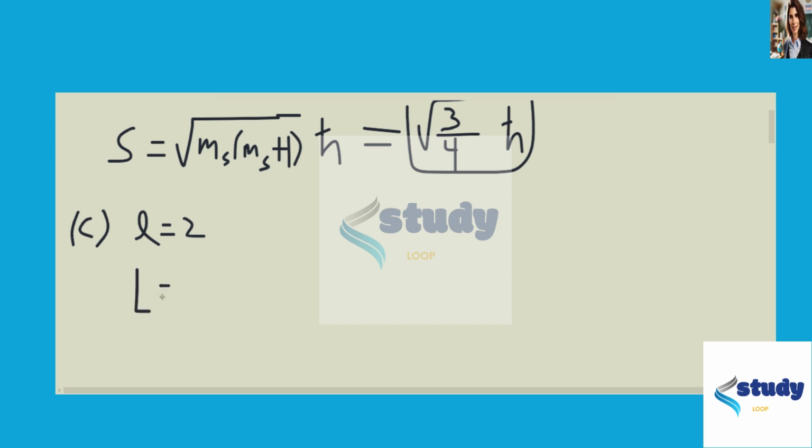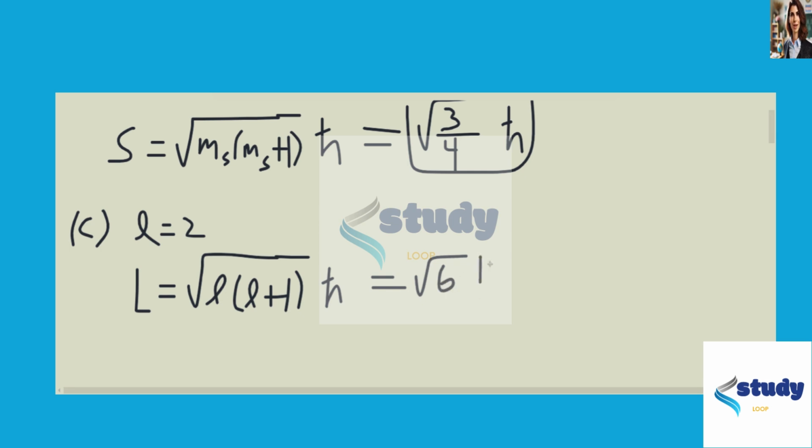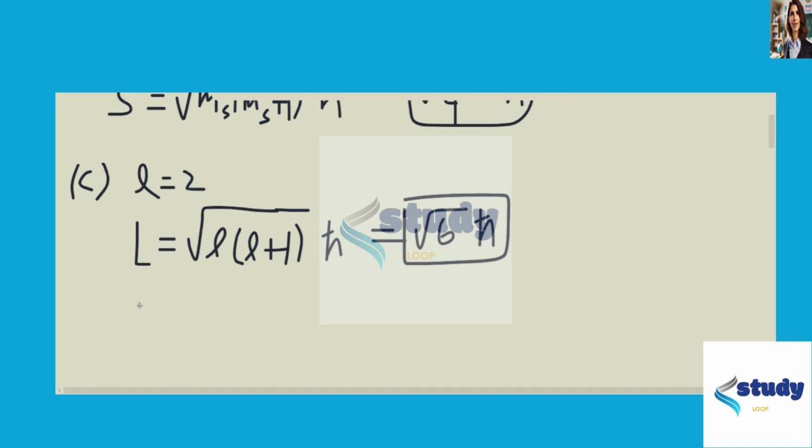For the angular momentum, capital L, which is the square root of L times L plus 1, so it's the square root of 6 h bar. And L equals 2, the maximum M sub L now is 2. So therefore L sub z is going to be 2 h bar.